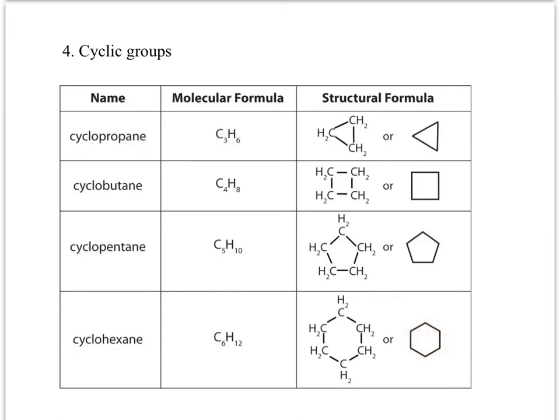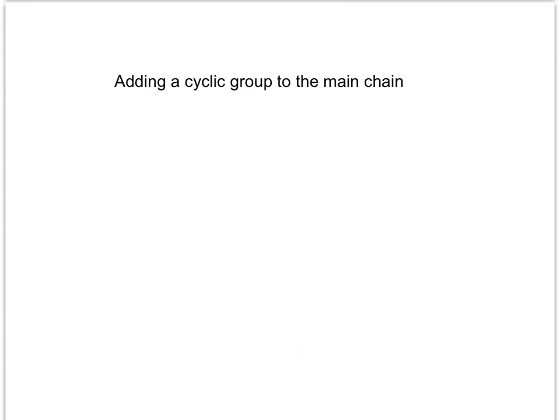Okay, so now we can talk about those molecules themselves, or we can look at adding them to the chain on a longer molecule. So let me look at my notes again. How about this one? All right, 1, 2, 3, 4, 5, 6. Put a cyclohexyl.